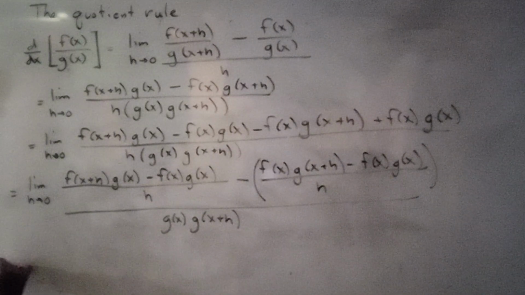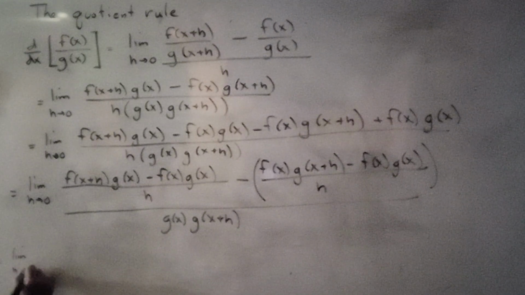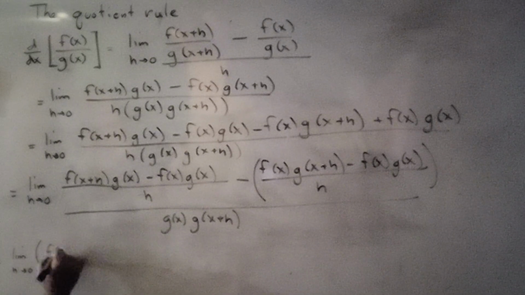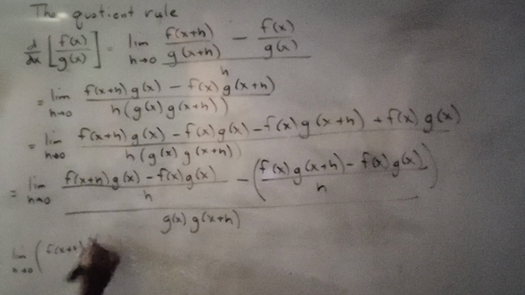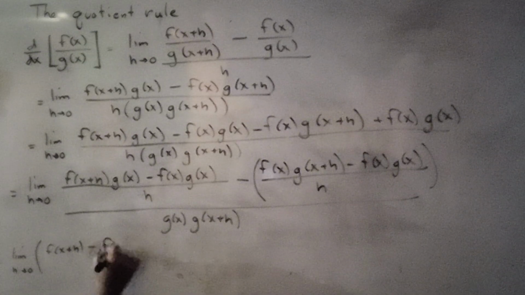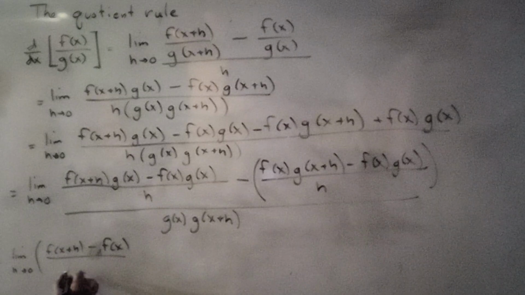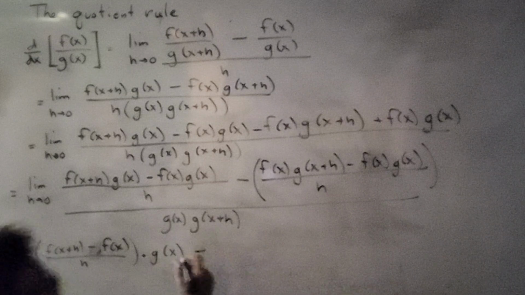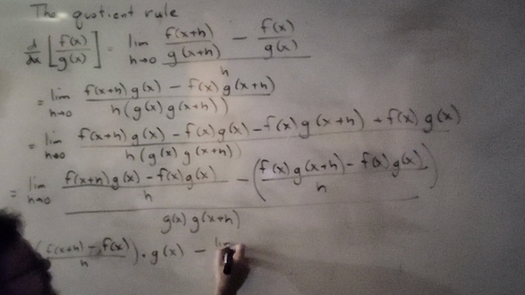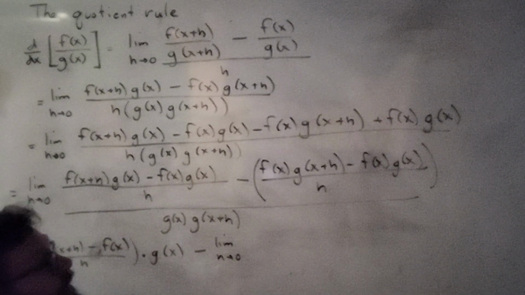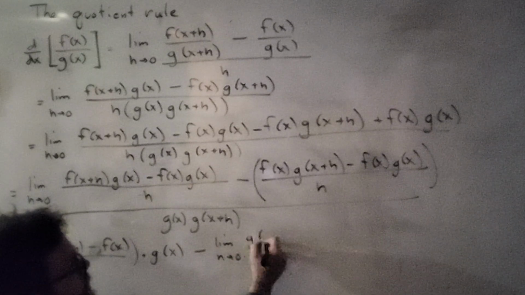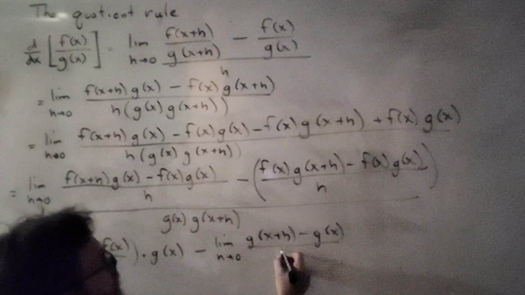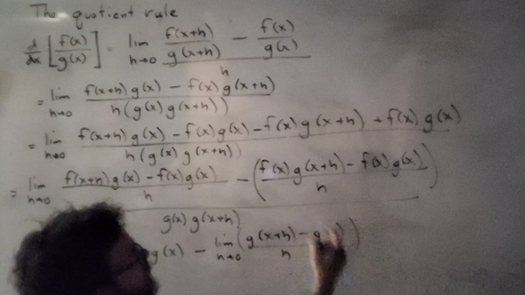This is going to be the limit as h goes to 0 of f of x plus h minus f of x all over h, times our g of x, I'll pull it on the other end, minus the limit as h goes to 0 of g of x plus h minus g of x all over h, and I still have my f of x.